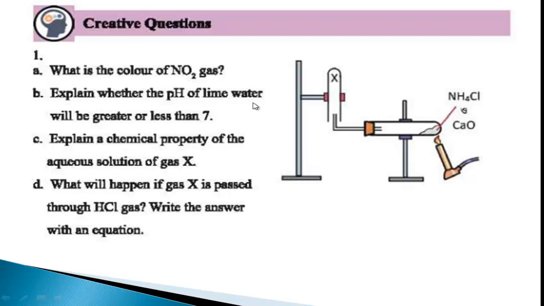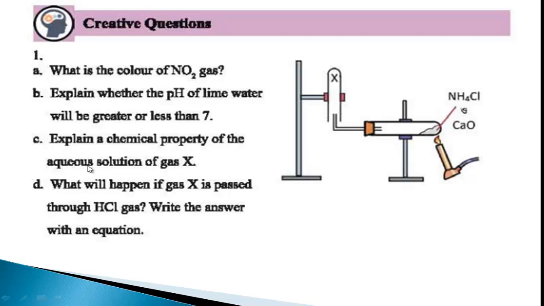We know that acid has a pH range of 0 to 6.9 and base has 7.1 to 14, and 7 is actually the neutral pH value. So here lime water, that is calcium hydroxide, is a basic substance, and we know that the pH level of a basic substance is obviously greater than 7. Like this you have to explain.